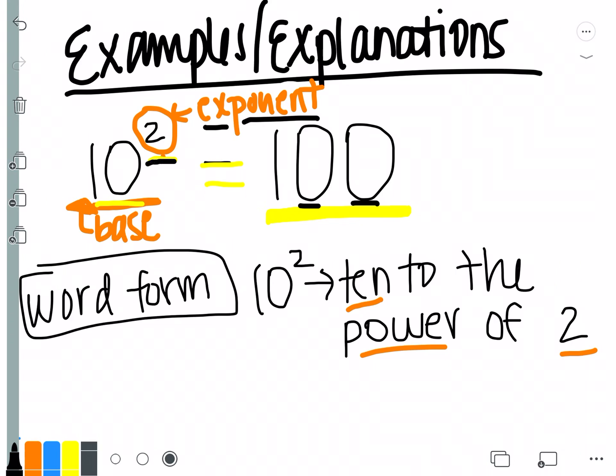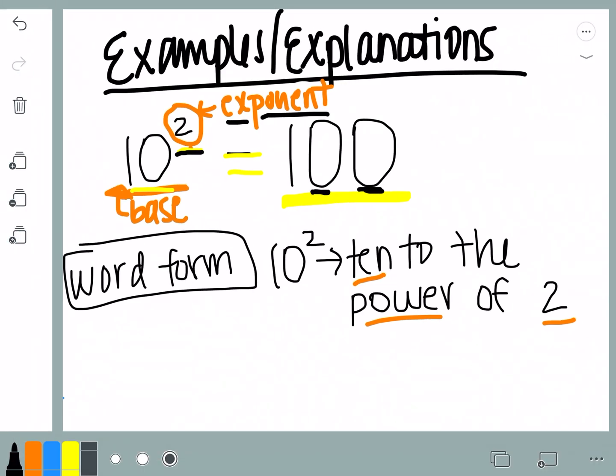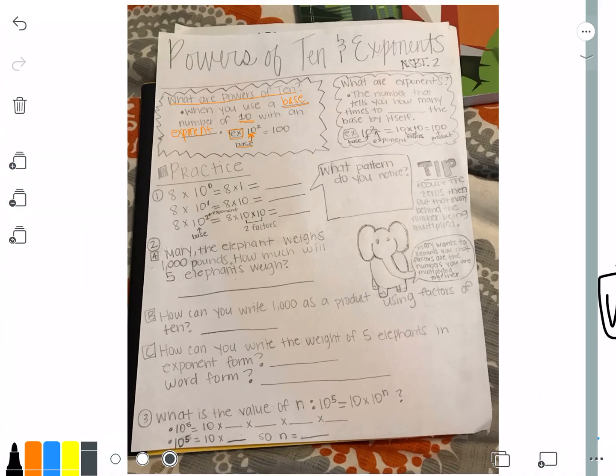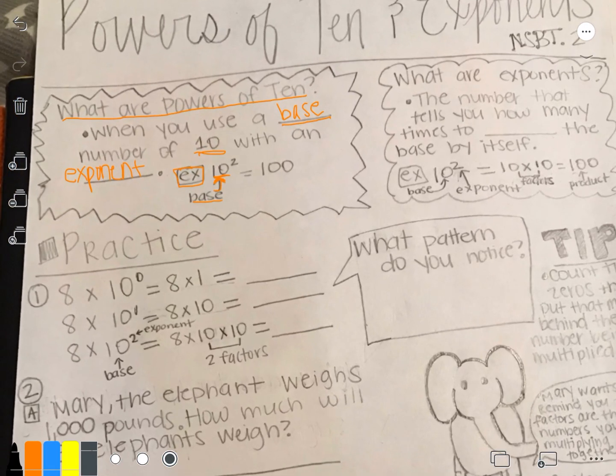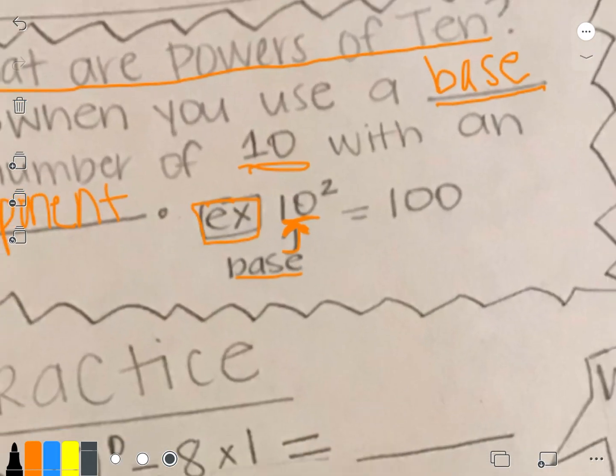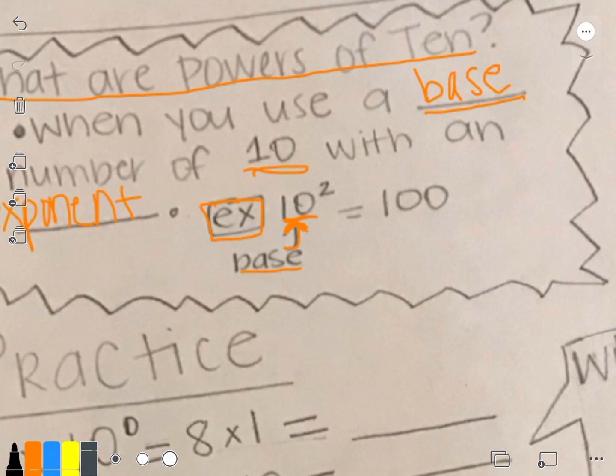So exponent is 2, 2 zeros. Keep that in mind. I hope that's stirring something up in you. So let's go back to our notes. So we just talked about what powers of 10 were. It's when you have your base here is 10. Base is 10. And you have some sort of exponent that goes with it.